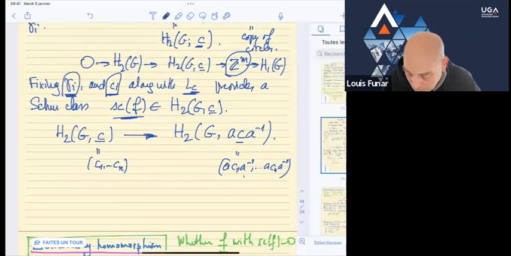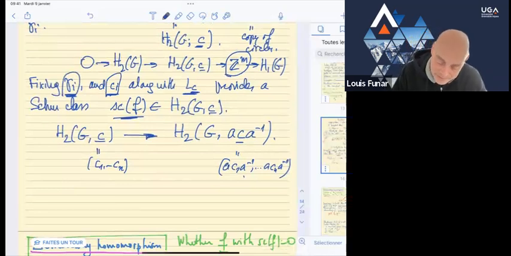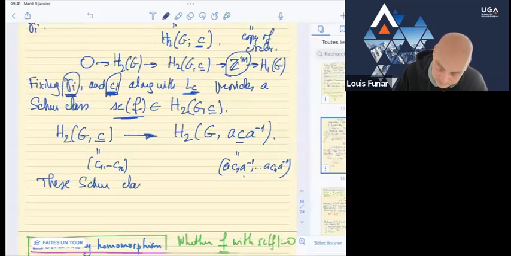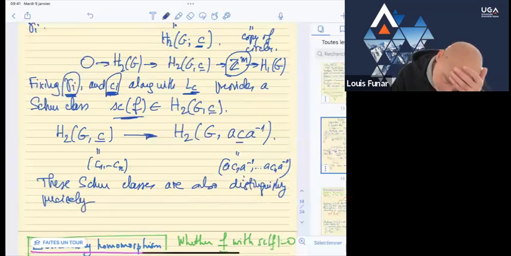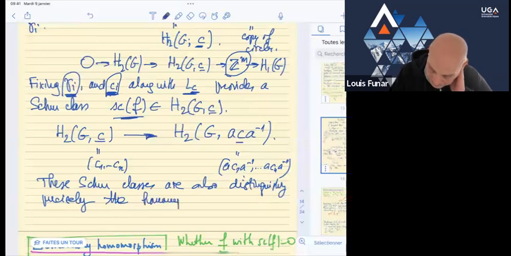And what we can show is that fixing this structure, then these Schur classes are also distinguishing precisely the homomorphisms up to stable equivalence.